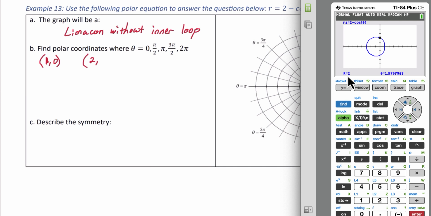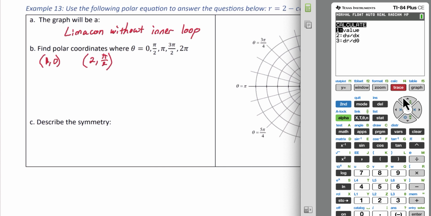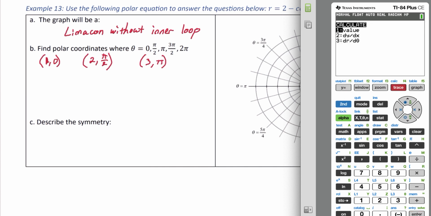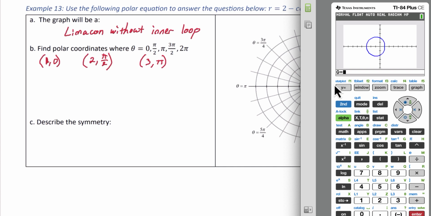So r is 2 when theta is pi halves. Second trace value, this time let's make theta pi. And we get 3. So r is 3 when theta is pi. Second trace value, this time let's make theta 3 pi divided by 2. This time we get 2. So r is 2 when theta is 3 pi halves.